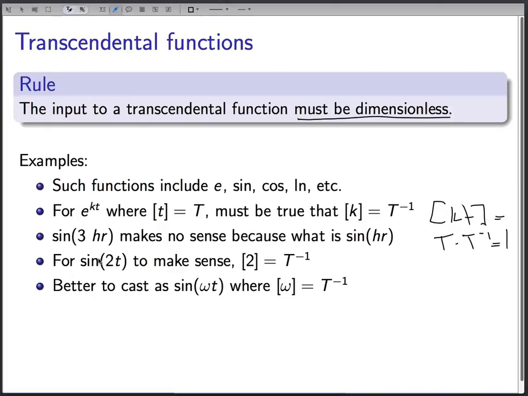So I think a better way to write this is something like sine omega t, where omega has dimensions of time to the minus 1. So the big message here is transcendental functions, the overall thing that you plug into the function cannot carry dimensions, right? t can have dimensions, but then it's got to get multiplied by something that cancels out those dimensions.